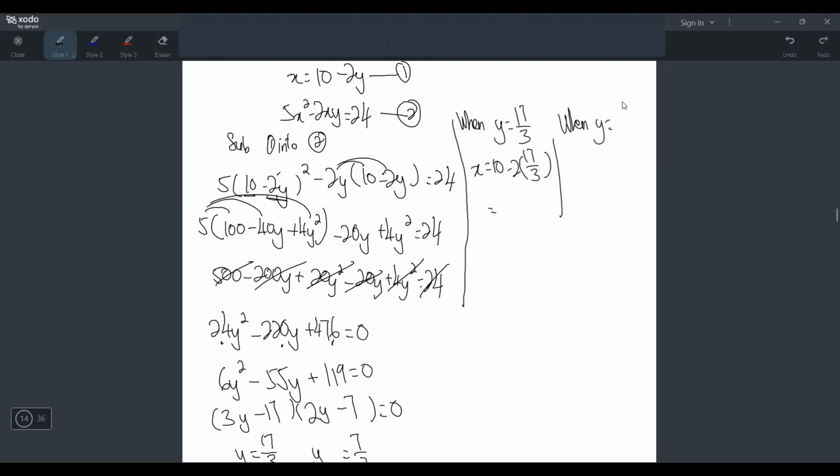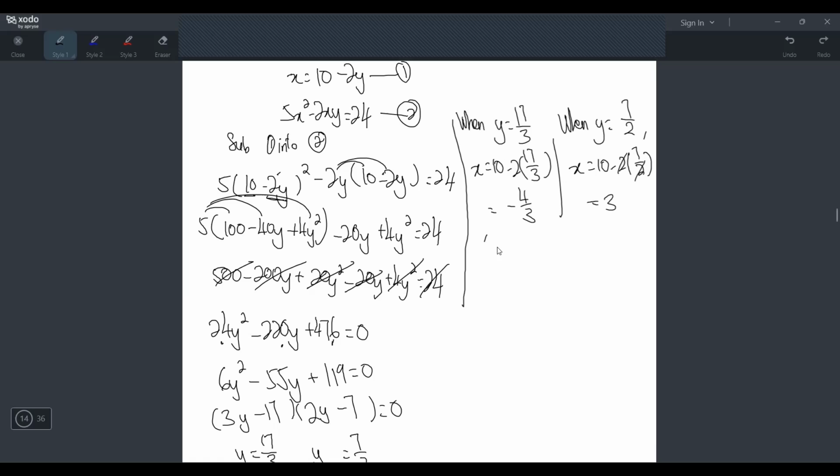When y equals 7/2, your x will be 10 minus 2y, where y is 7/2. Then just press the calculator and you get the x coordinate. This one no need to press, very easy. The 2 and 2 cancel, 10 minus 7 is 3, right? This one you can press the calculator. So 10 minus 2 bracket 17/3 close bracket. My calculator gives me negative 4/3.